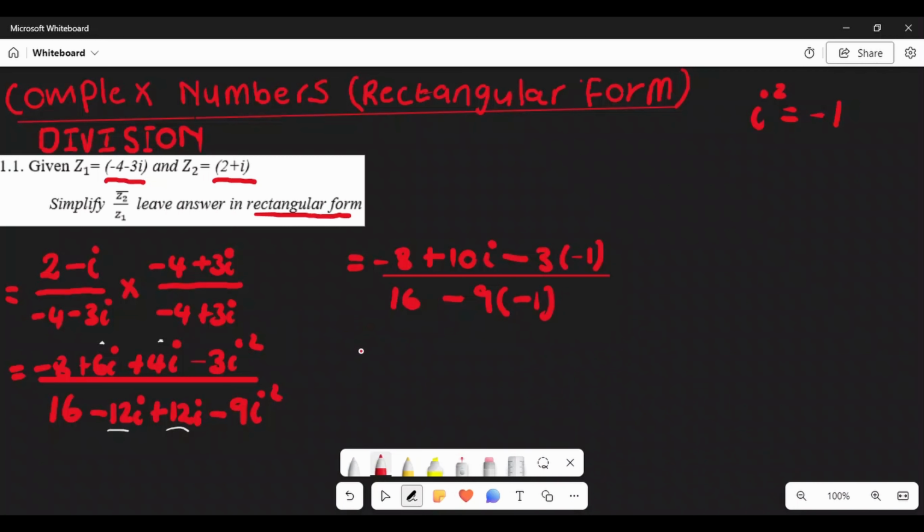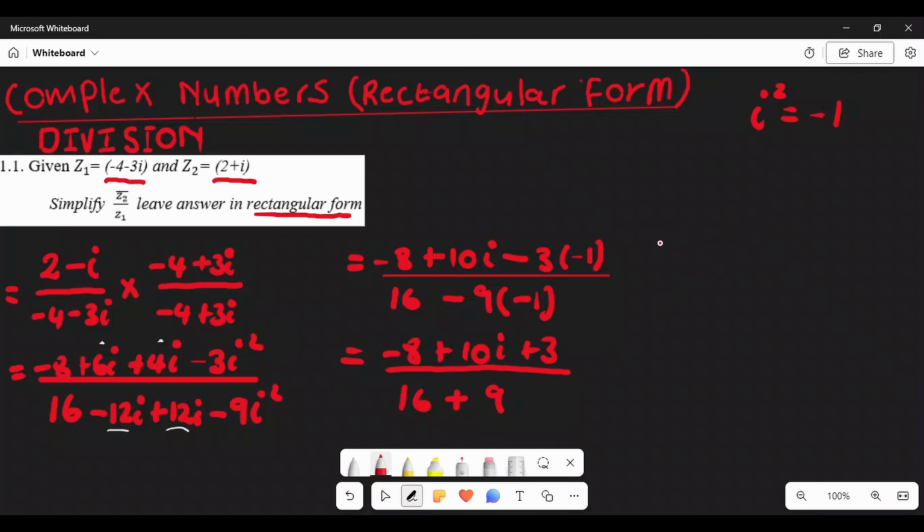So from here we continue. We have negative 8, so we write negative 8 here, plus 10i, and this becomes plus 3, divided by 16, and then this becomes plus 9.